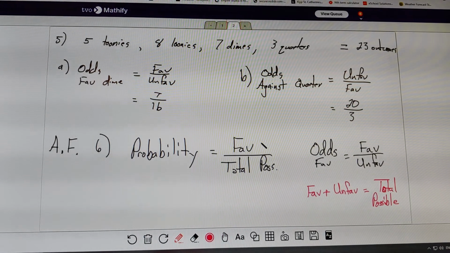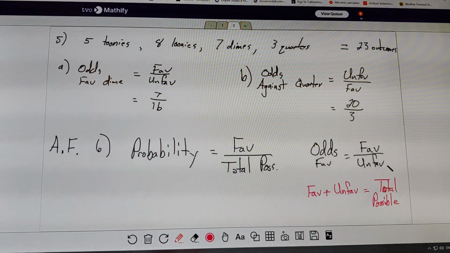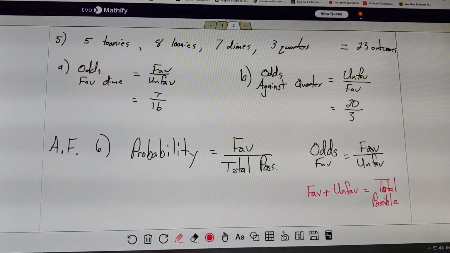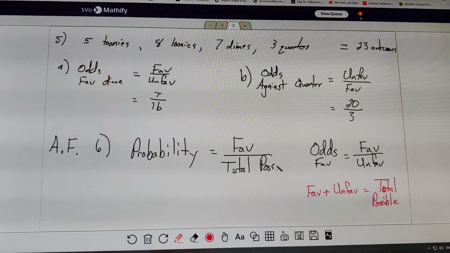Probability is your favorable outcomes over the total possible outcomes, and odds in favor is favorable over unfavorable. So how to go about this? This is the key. Remember that if you add the favorable and the unfavorable, you get the total possible. So this plus this equals this one here.